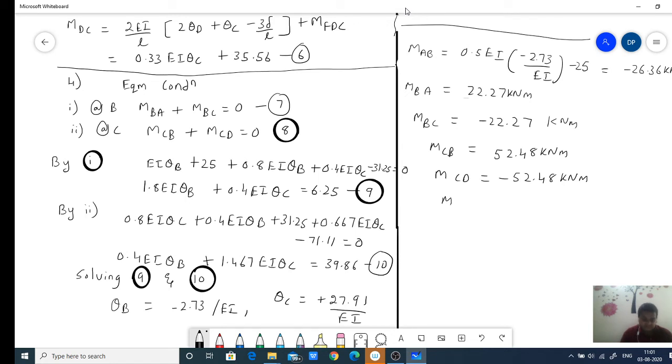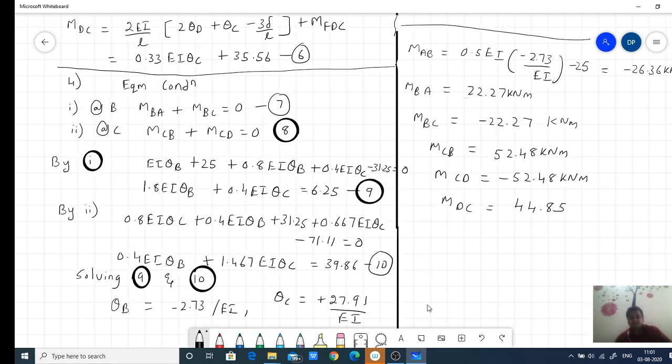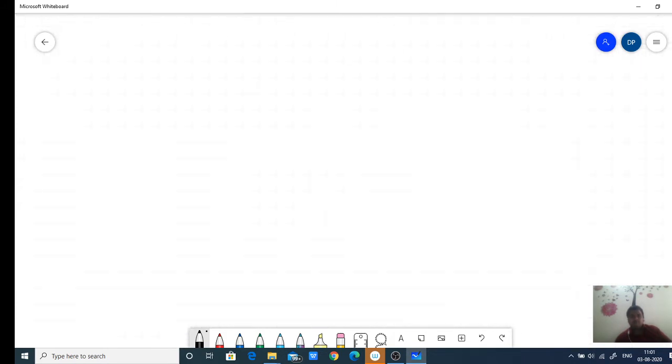And similarly MDC, you will get 44.85, right? Now these values, MAB, MBA and all, are obtained by substituting theta B and theta C in the above equations.